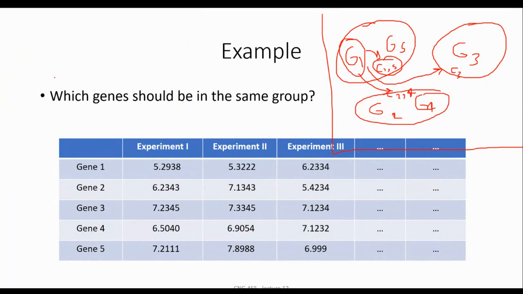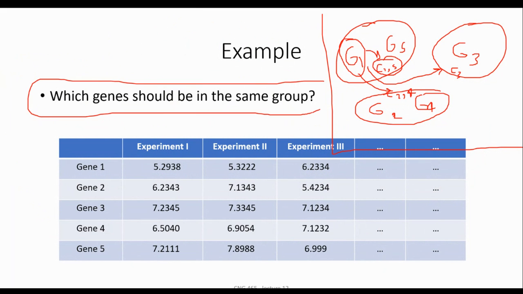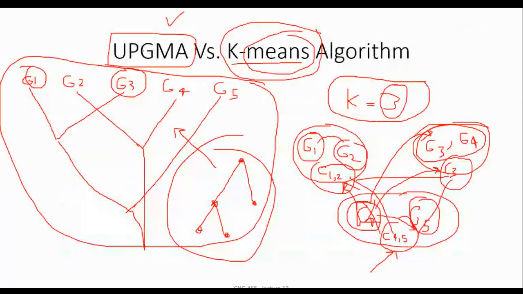So as an example, which genes should be in the same group? When we ask such a question, we should specify which distance metrics you should use in order to come up with your final answer. And then we should also tell you which algorithm you use.